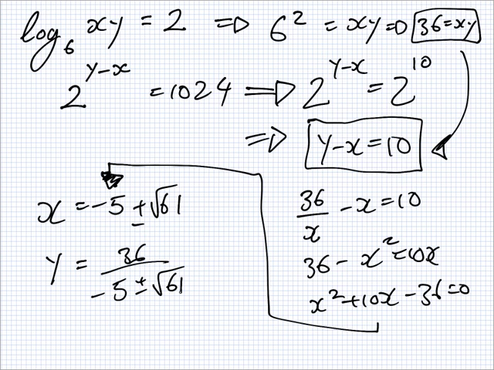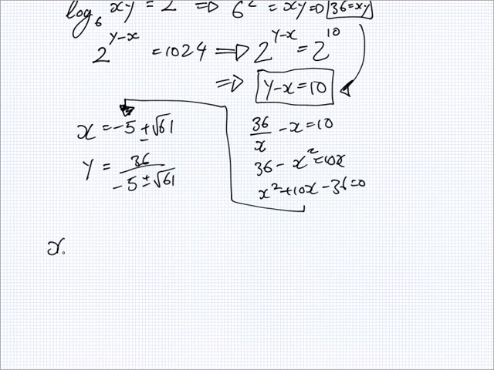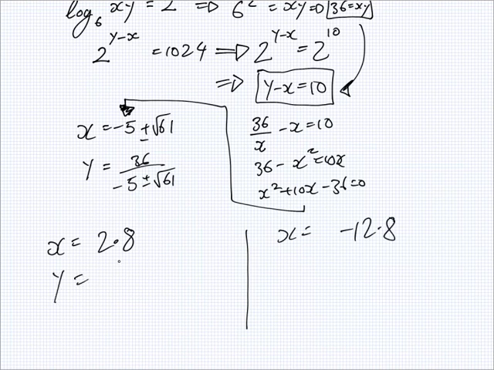Let me see. One is negative. Yeah, but that's okay as long as the other one's negative. So the first value of x is 2.8, and the second one is negative 12.8. And the y here is 36 over 2.8. So that will be positive, and this should be negative. So at the end of the day, the products will both be positive.